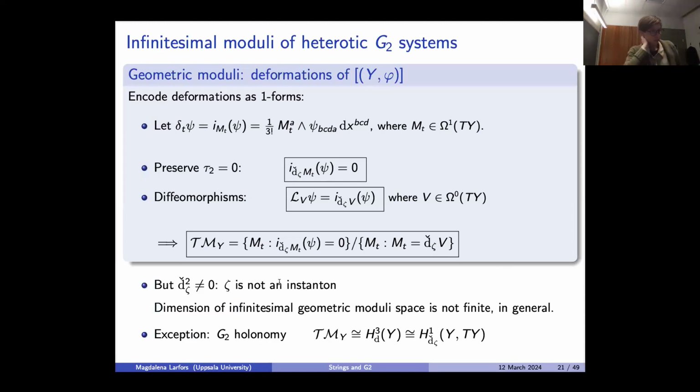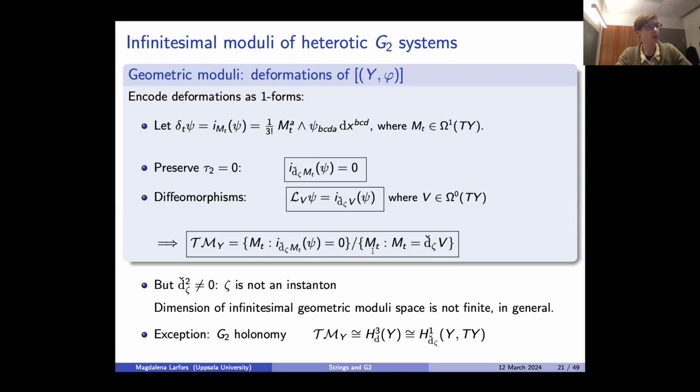This operator d zeta can be shown not to be an instanton. It's not a G2 instanton. And this implies that it's not nilpotent. So if we look at this in a general case, then this will not give a finite dimensional space.